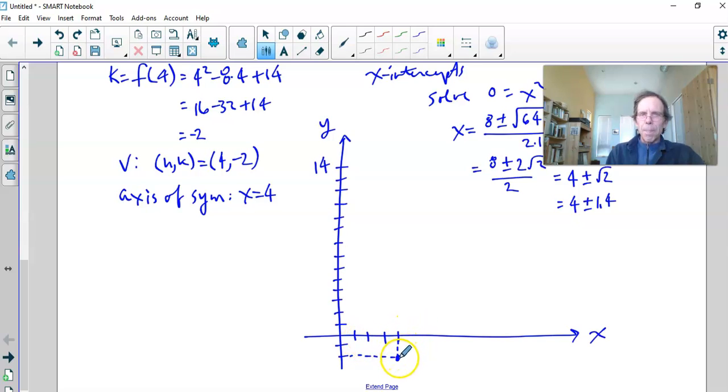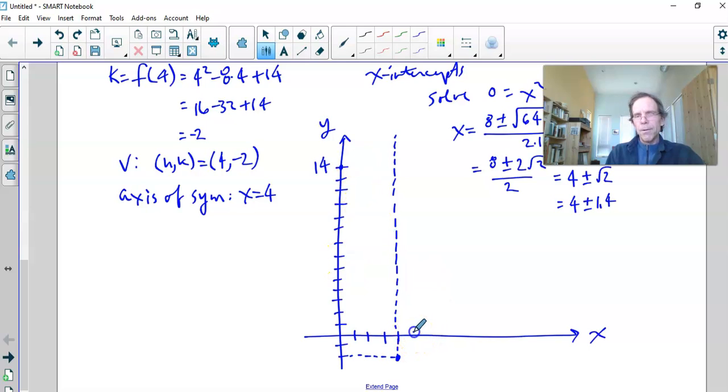And let's see. We can start to put in our intercepts. The y-intercept is here at 14, and it's going to have a symmetric point. Here's our axis of symmetry. It's going to have a mirror image over on the other side. So where is it going to be? Well, from the axis of symmetry, we went to the left 4 units to get to the y-axis.